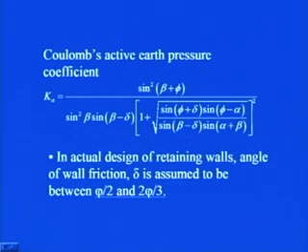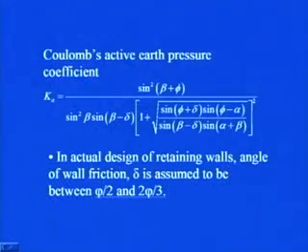Now, what about this angle of wall friction? See, we really cannot estimate it properly, that this will be the exact value of the angle of wall friction delta. So, usually from experience and engineering judgment, it has been seen that the value of this delta, that is the angle of wall friction, varies between phi by 2 and 2 phi by 3.